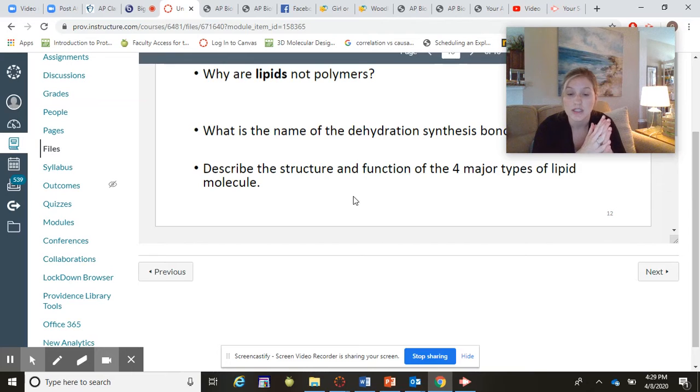Also, remember that the fact that the saturated fats are more solid is going to influence the membrane as well. If the phospholipid tails are saturated, that means it's going to be more solid and the membrane is going to be less permeable. As opposed to if the phospholipid tails are unsaturated, that's going to cause the membrane to be more liquid.